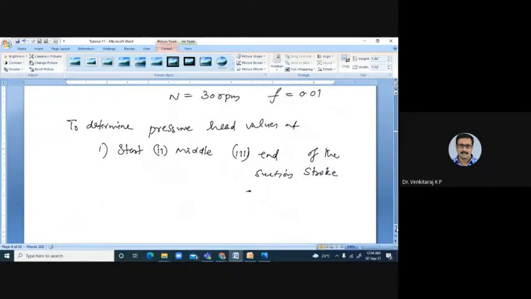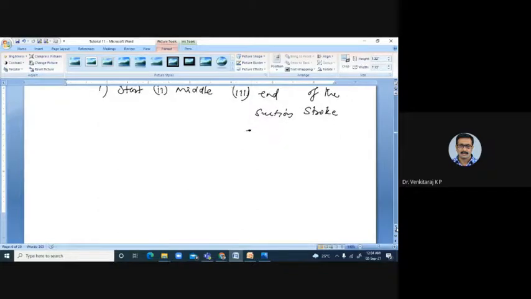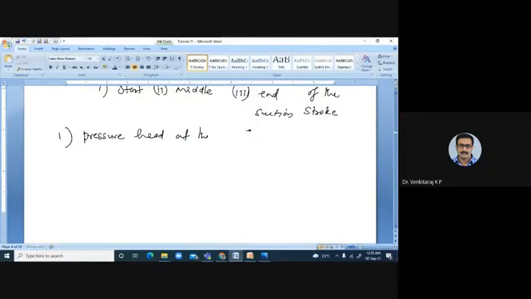So now, first of all, the pressure head at the beginning of suction, where theta is equal to 0 degree.